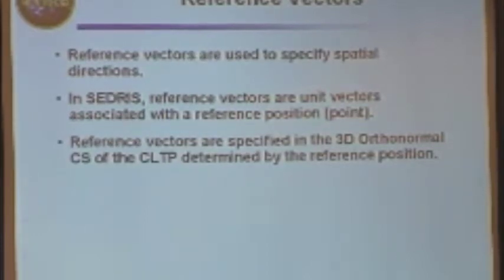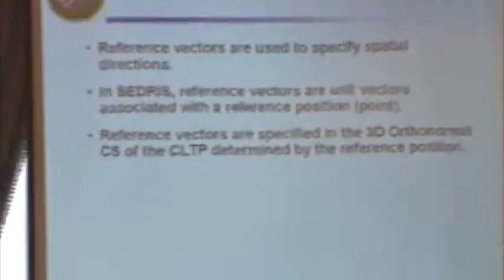That's our definition of how to define what a direction is. No matter what your coordinate system is, we can always plant a canonical LTP and do our calculations based on those directions.